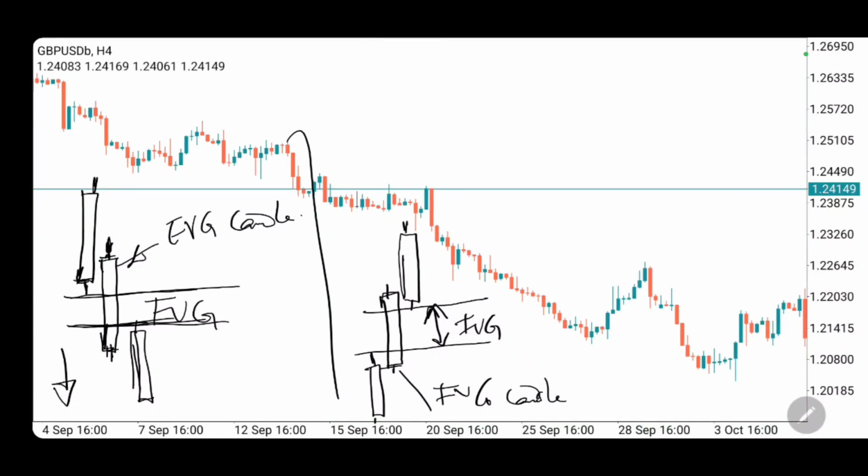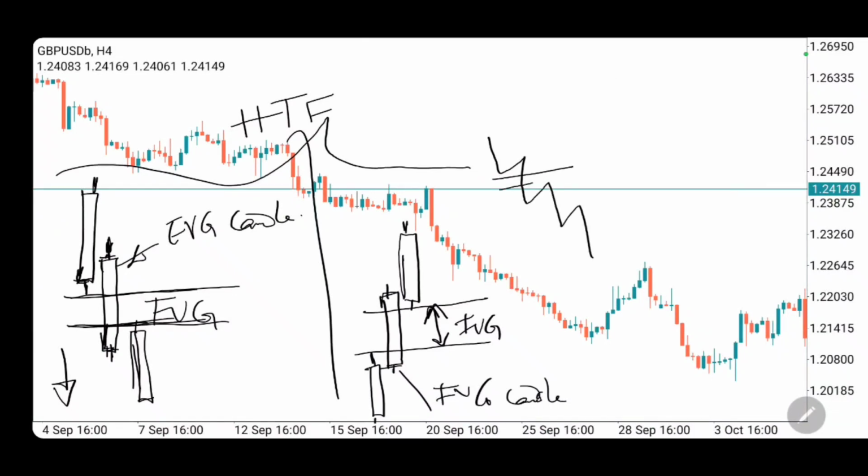All right, so this description I've just done here is perhaps for a higher time frame. Now for a lower time frame, you will see something like this. For a lower time frame, this is how you can depict the FVG.